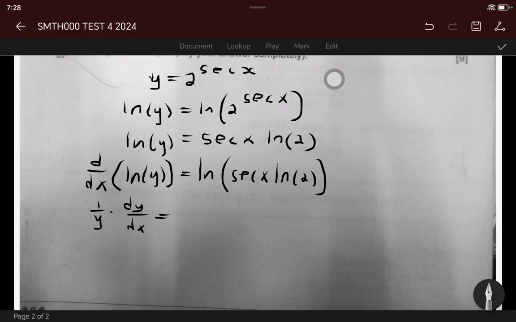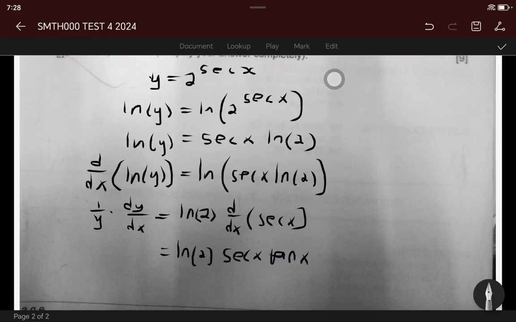And this here will be, I'll keep out the ln 2 because it's a constant, and derive the sec x. And we know that the derivative of sec x will just be sec x tan x. Then we multiply both sides by y, and we know that our y is 2 to the sec x, and that will be the solution.